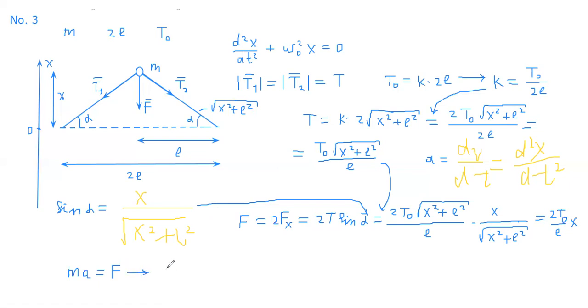So this will be m multiplied by d2x divided by dt squared plus... I have forgotten to write minus.